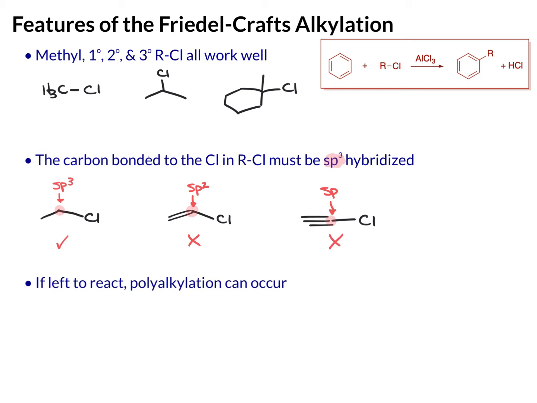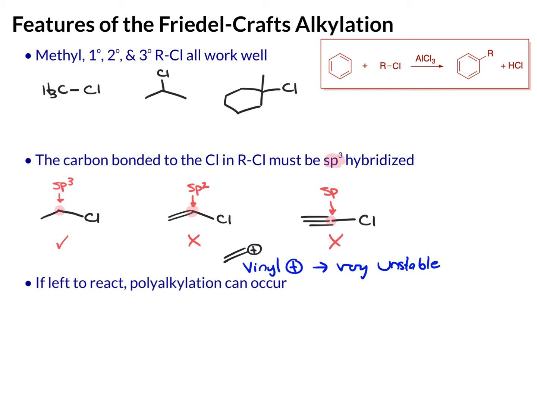If you think back to the mechanism, the reason is that if you were to form a carbocation with the sp2 carbon, that would be a vinyl cation, which is very unstable. And likewise, having a cation on the end of a triple bond is very unstable. So that's why we need the sp3 hybridized carbon.